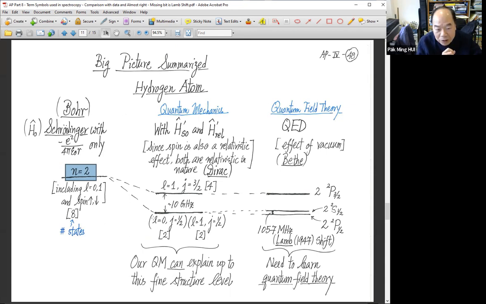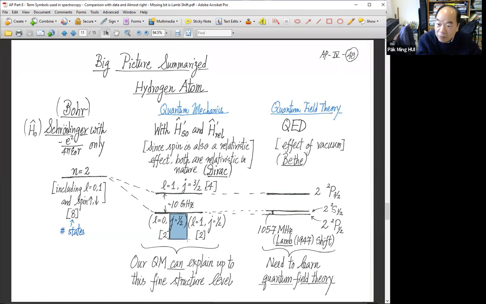We have J equals 1/2, we have J equals 3/2. This is higher in energy. The bracket 4 here means the degeneracy behind this level, because Mj takes on 4 values: 3/2, 1/2, -1/2, -3/2. And we have 2 sources for J equals 1/2.